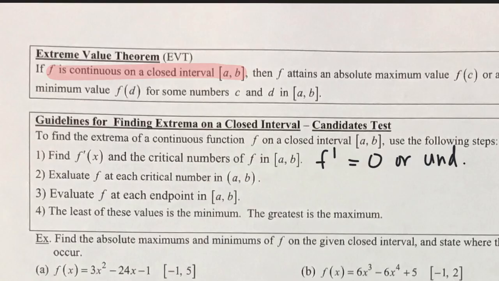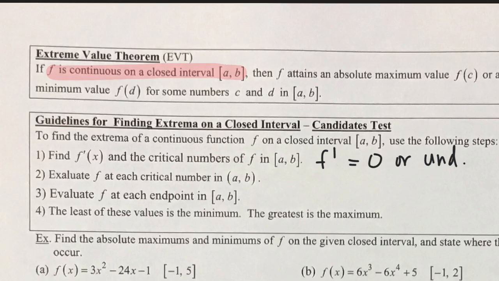So if we happen to have some sort of a rational function, we take the derivative of a rational, we have to use the quotient rule. So it's going to have some type of a denominator, so there might be places where your derivative is undefined. Those are part of your candidates for your extreme value theorem.